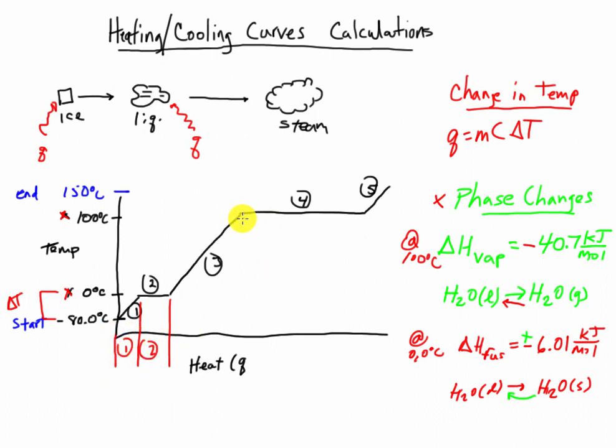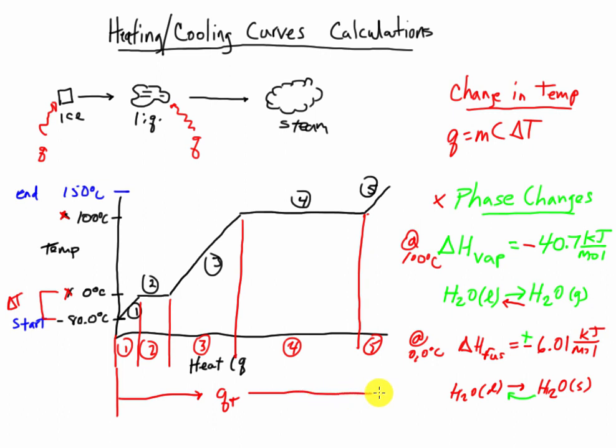And then from here for 3, over here for 4, and over here for 5. Then we're going to sum all of these up and get Q total for this whole problem from here to here. And that's essentially it. I'll show you the different ways to do these calculations in the next video tutorial.